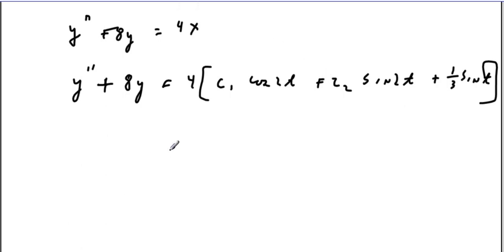I have a characteristic equation, m squared plus 8 is 0, implying that m is going to be plus or minus 2 the square root of 2.